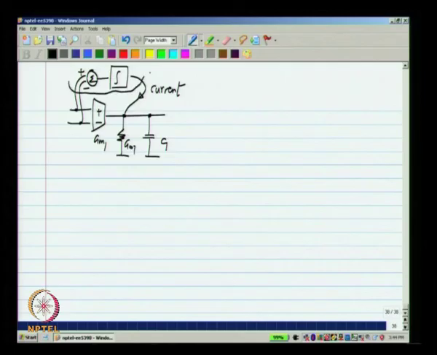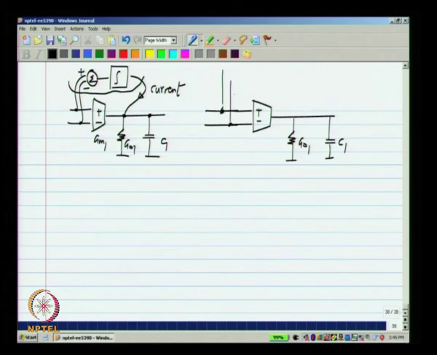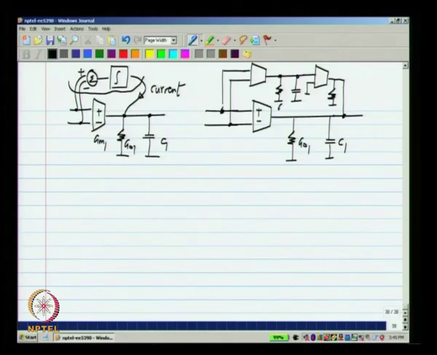So, this part we implemented using the simple op amp, that is, we took the difference between these two, integrated it, converted the integrated voltage to a current and fed it to the final output.